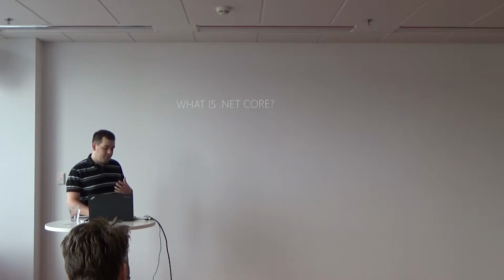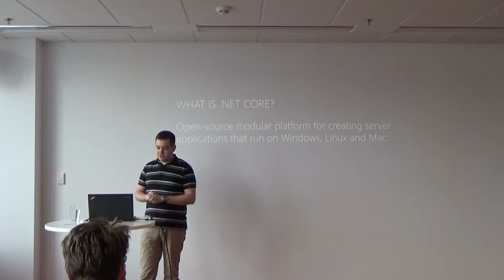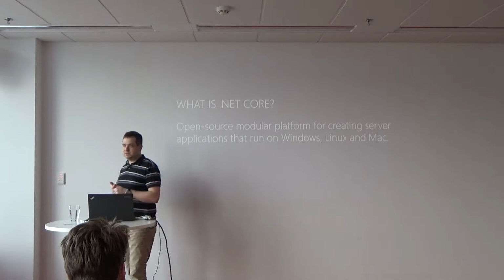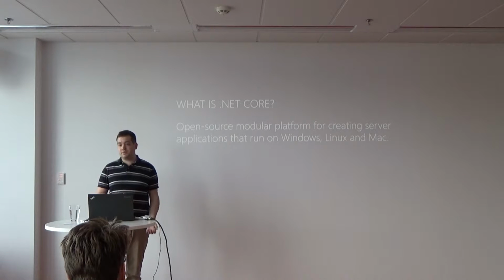Okay, so what is this .NET Core about? There are a few main features. First thing is that it's fully open source. It's fully open source on GitHub, so you can find all tasks, current source code, everything. You can fork it. You can download a specific version.